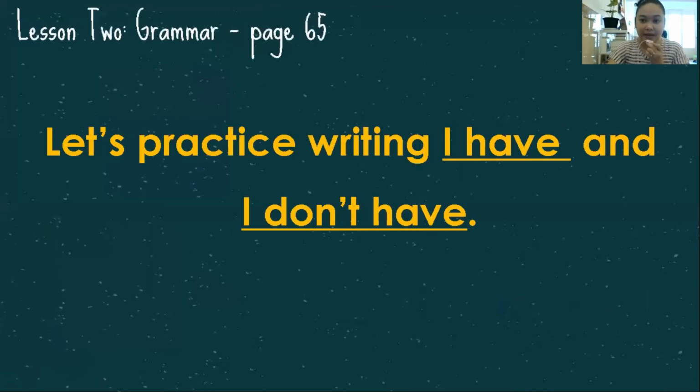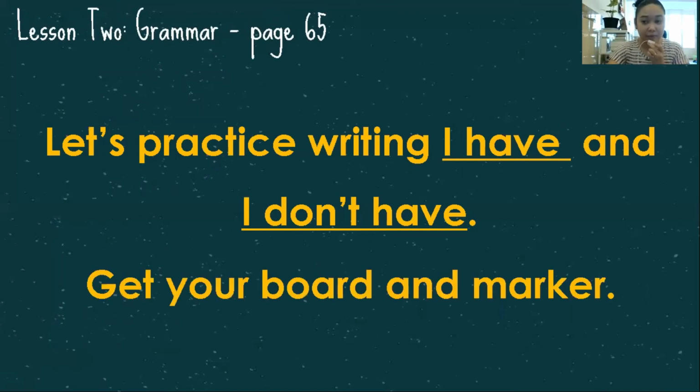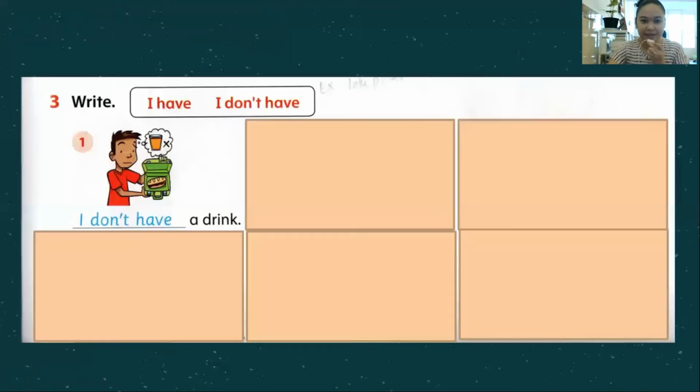Let's practice writing I have and I don't have. Now get your board and marker. Let's do some exercise. Okay, if you are ready, number 1 is given as an example. Here we have the X mark. A drink.